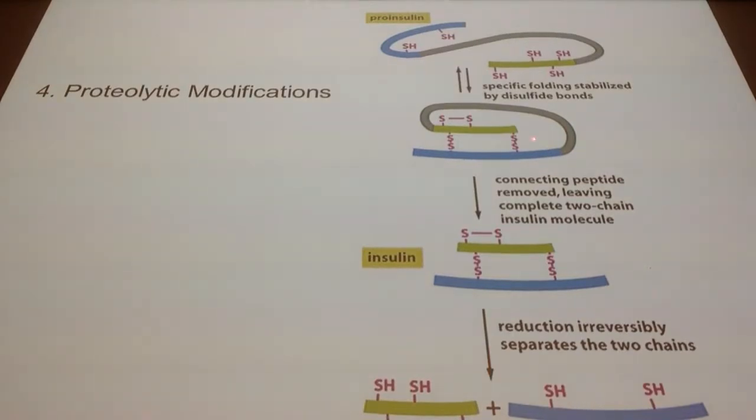This is the example of insulin. A better example is actually the coagulation process where blood coagulates. A lot of these clotting factors are secreted into the extracellular matrix in what we call a pro form.